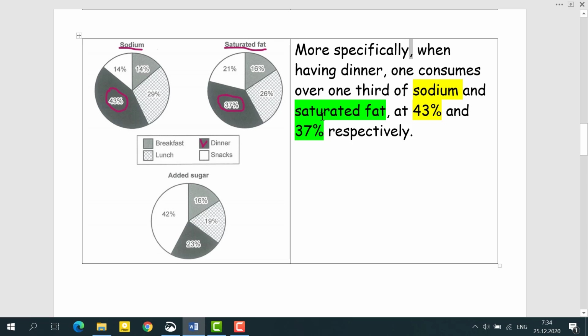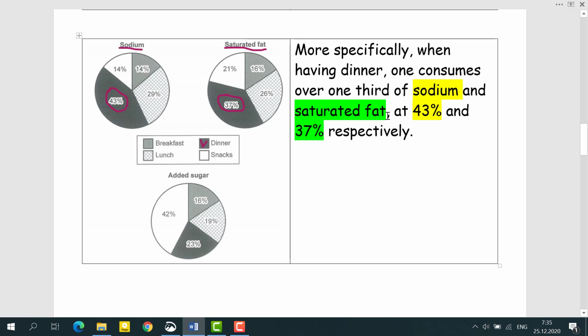And here I want to explain something. After when, make sure to use ing. So when having dinner, when having lunch. One means a person or an individual. So if you want to sound very academic, you want to use the word one. So one consumes over 1/3 of sodium, and saturated fat at.